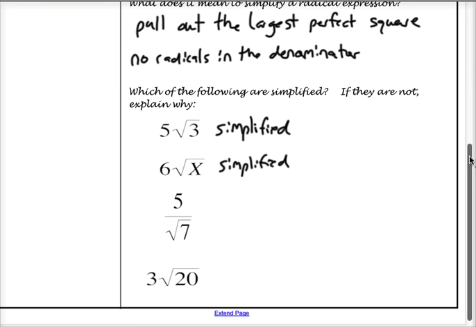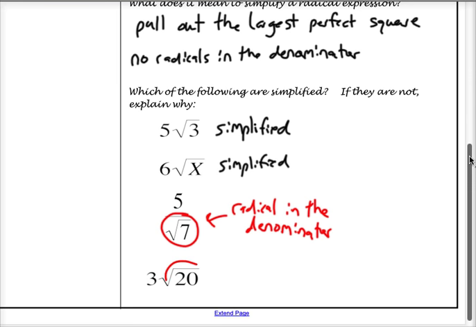Getting to our next one, 5 over square root of 7. This one is not simplified, and the reason for that is the square root of 7: there's a radical in the denominator. So that one would not be considered a simplified radical expression. Then 3 square roots of 20.